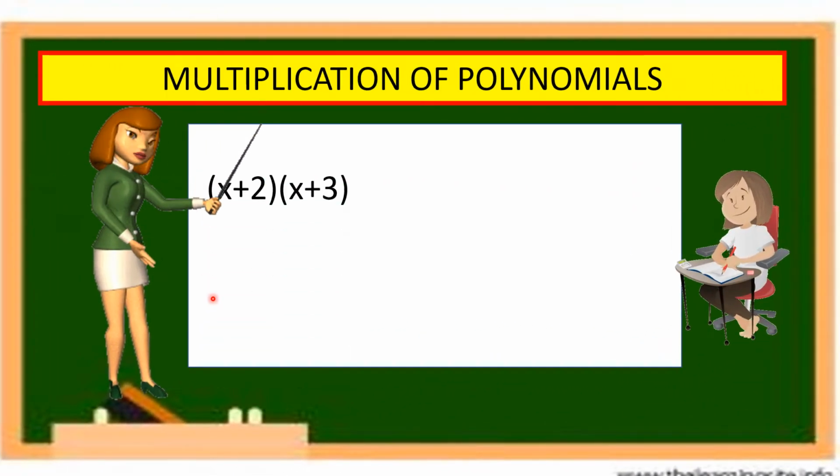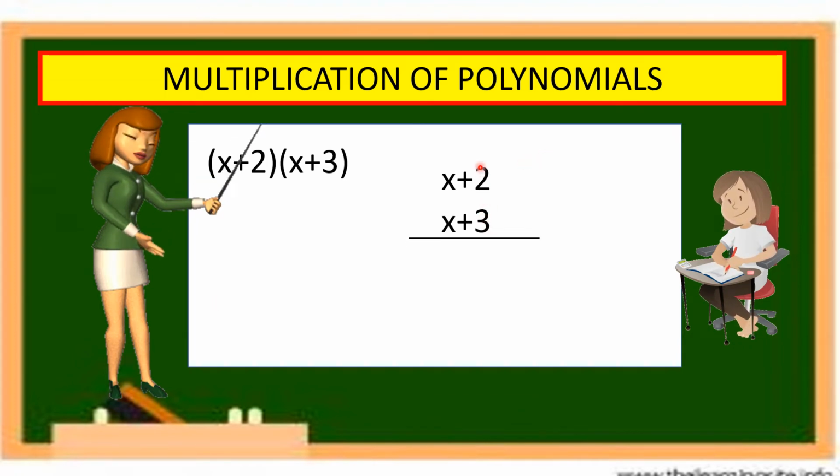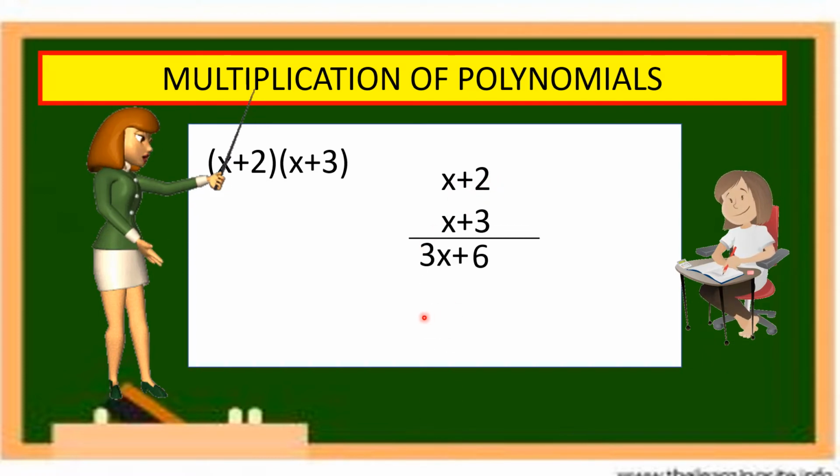Find the quantity of x plus 2 times the quantity of x plus 3. So we have our given. First we multiply 3 times 2. 3 times 2 is 6. Then 3 times x is 3x. 2 times x is 2x.